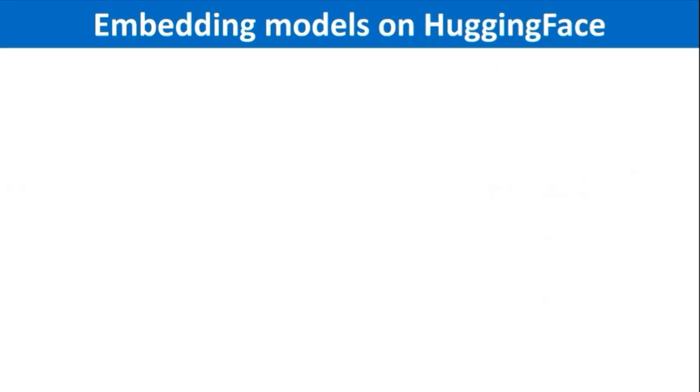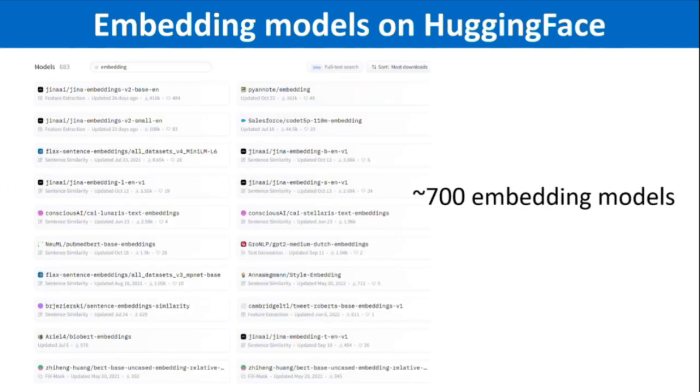On Hugging Face, a plethora of open source embedding models awaits exploration. I recommend delving into the repository to find a model that aligns with your specific needs. In my personal exploration, I have utilized two models, all-mpnet-base-v2 and all-MiniLM-L12-v2, and found them to be highly effective for information retrieval use cases.